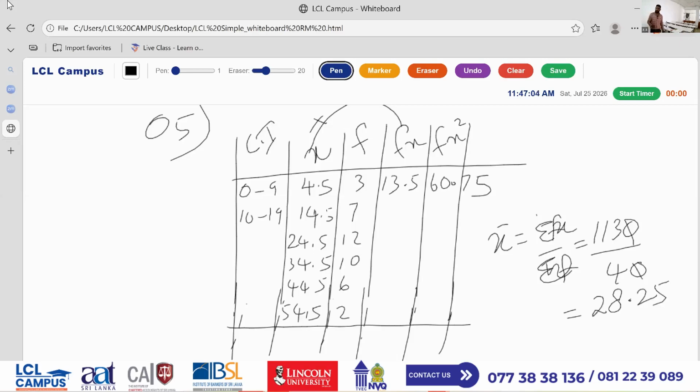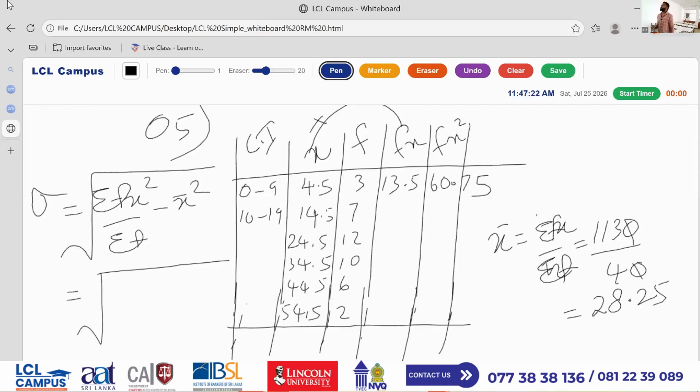Now standard deviation. Standard deviation equals the square root of sigma fx squared over sigma f minus x bar squared.